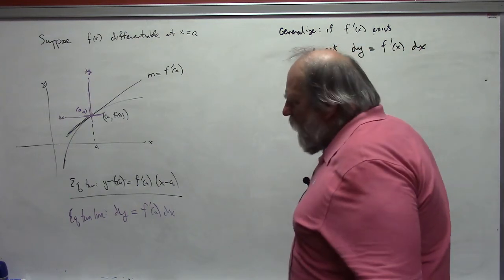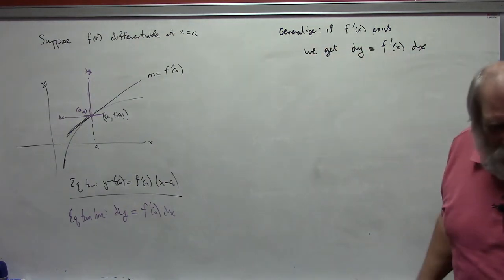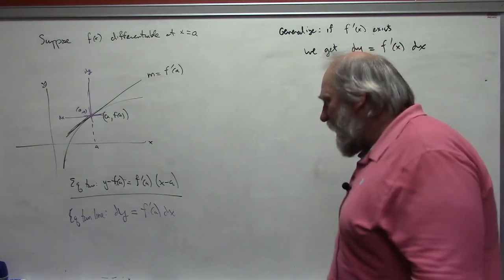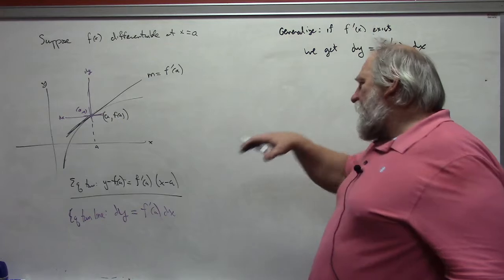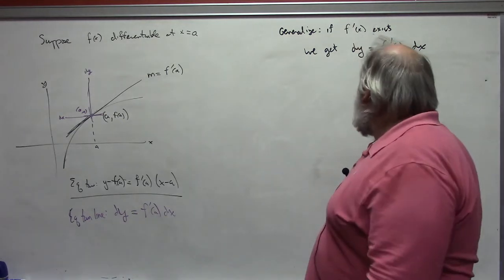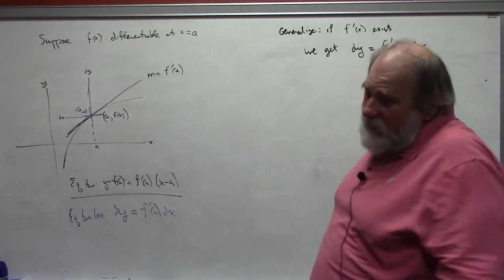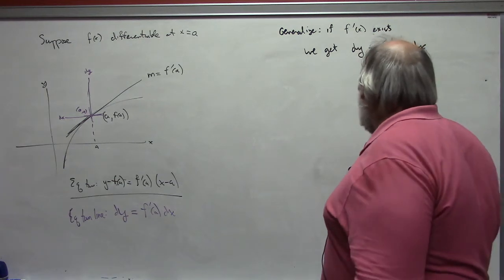Basically, all I'm doing is creating a new set of axes, the dx axis and the dy axis, and my tangent line goes through the origin of that axis.